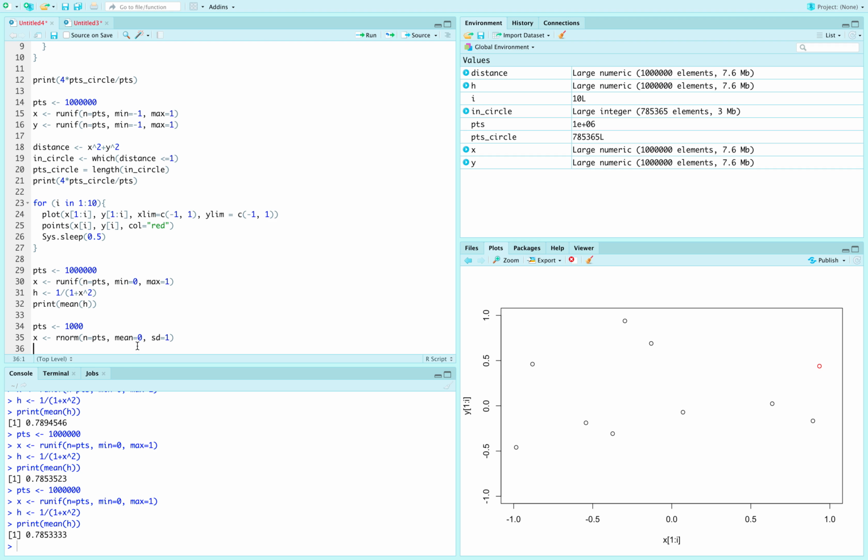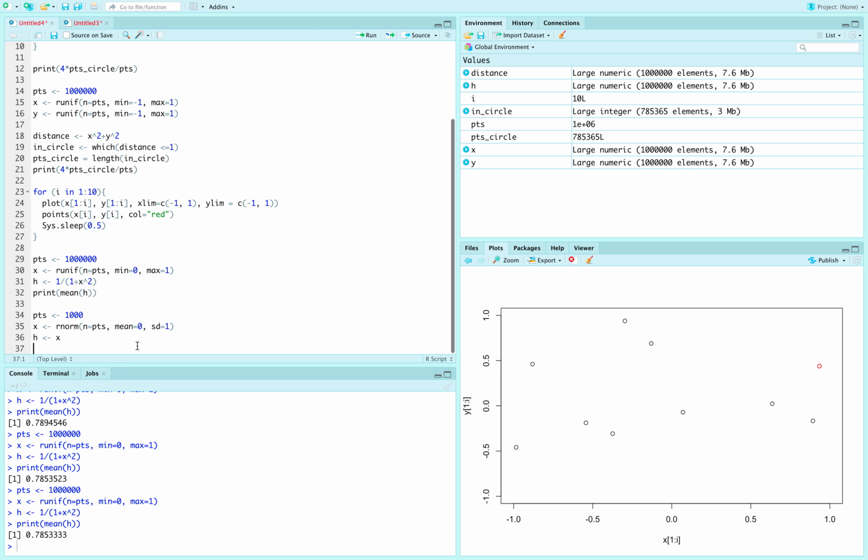And after that, you need h. Your h, based on the slide, or based on our discussion a while ago, is equal to x. And from here, we print the mean of h. Okay?